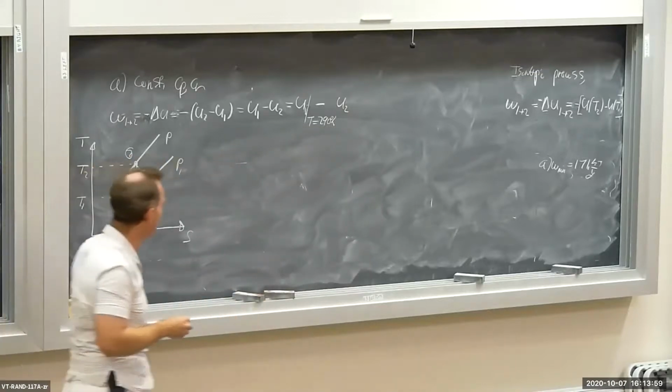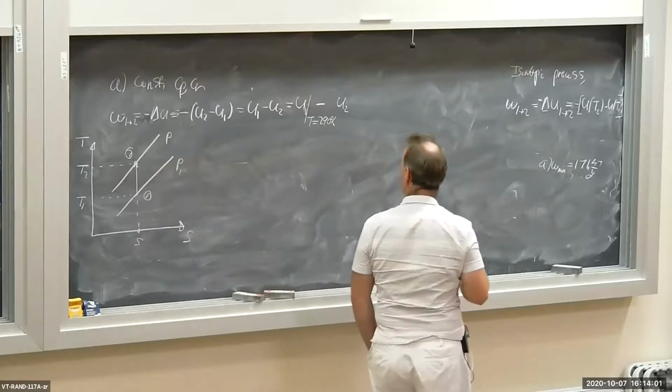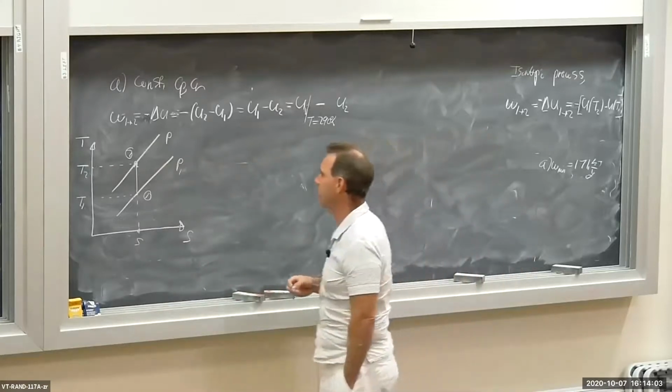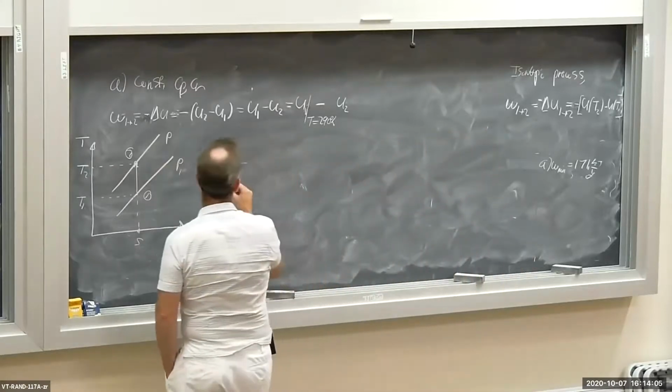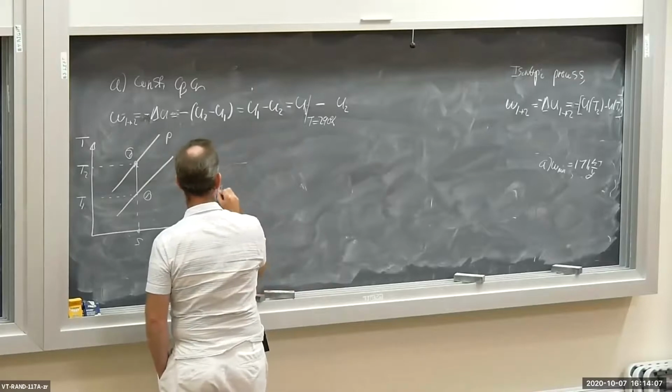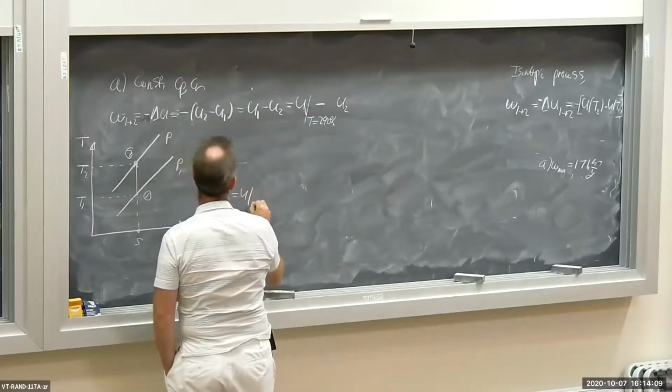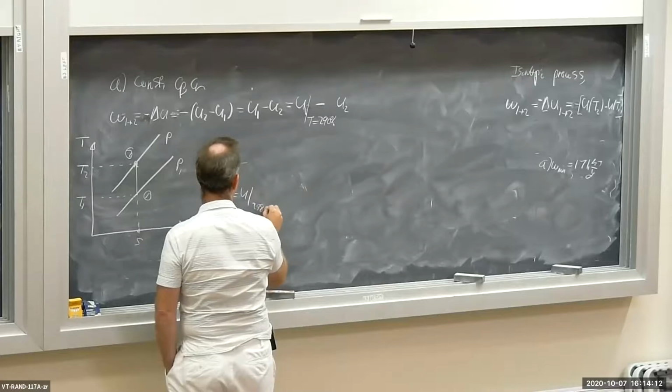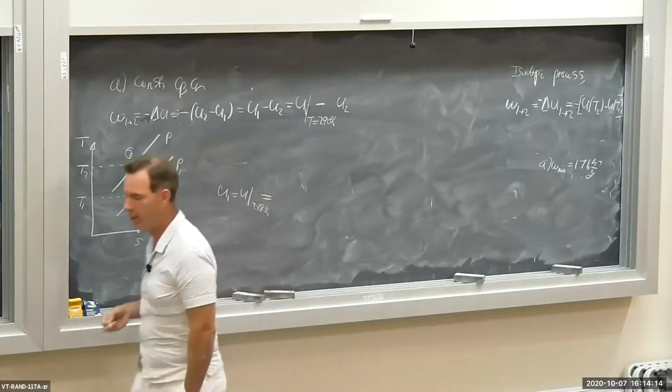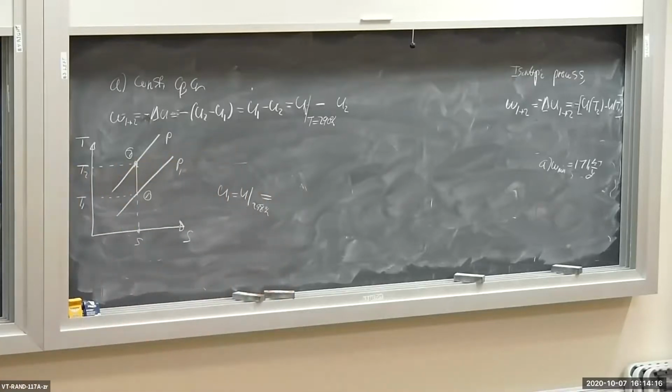Let's look up U1. U1 is U evaluated at 298 degrees Kelvin for air, and I go to my IGB table.